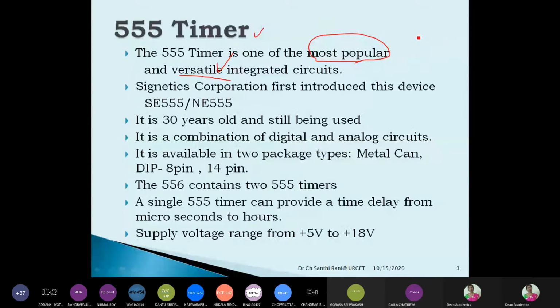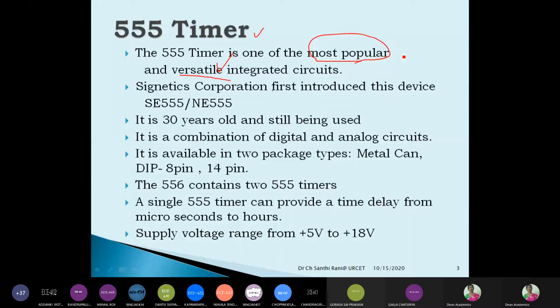Then a 16 tune doorbell. Those days we were very small. So a doorbell giving sound, a speaker giving sound, it was a little bit thrilling. And 16 different musics we used to get.